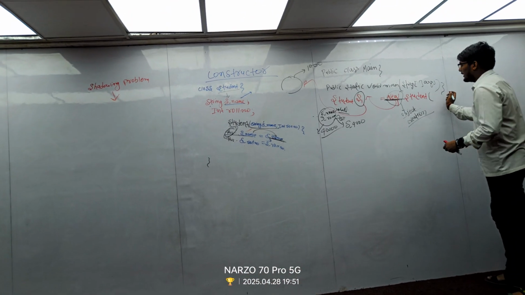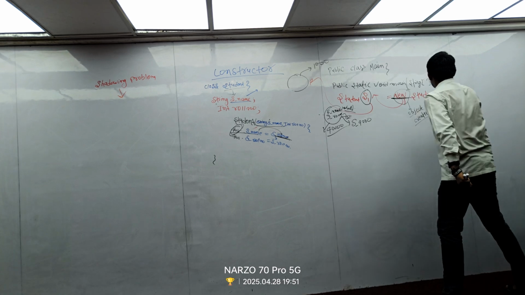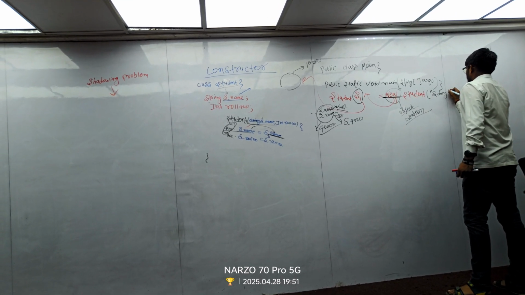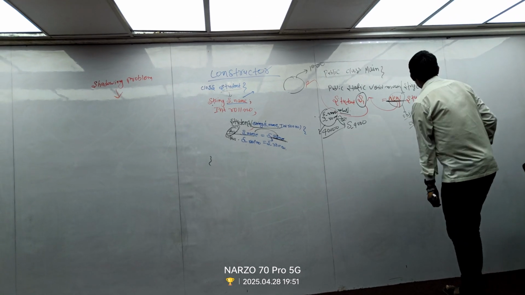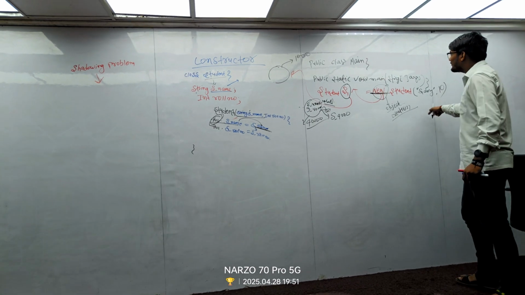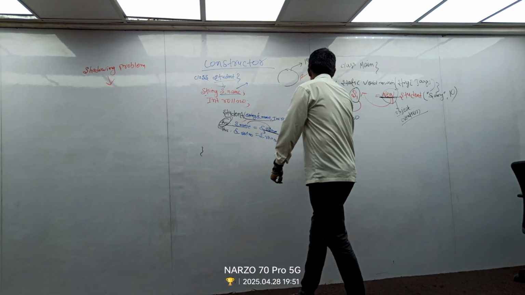So the string name is Sunny, and for the roll number we take 10. We initialize it for student S1.